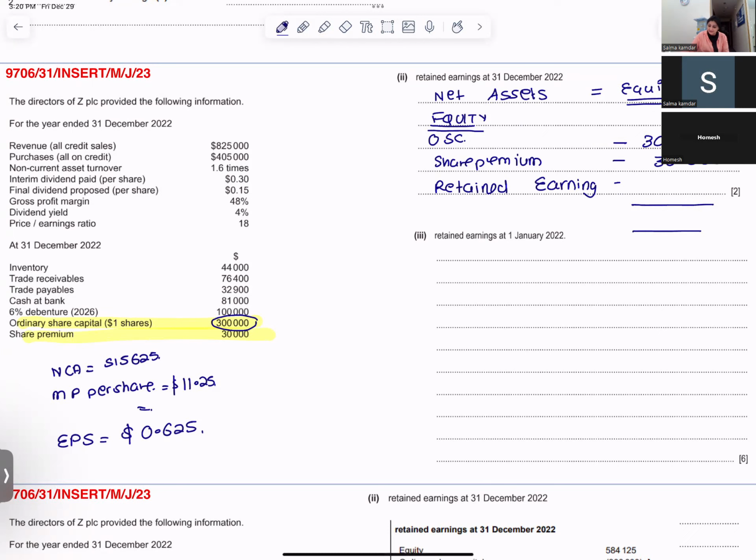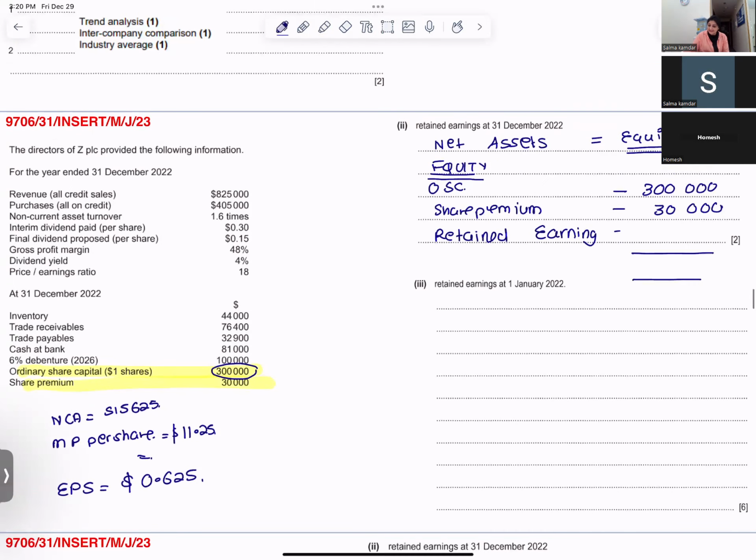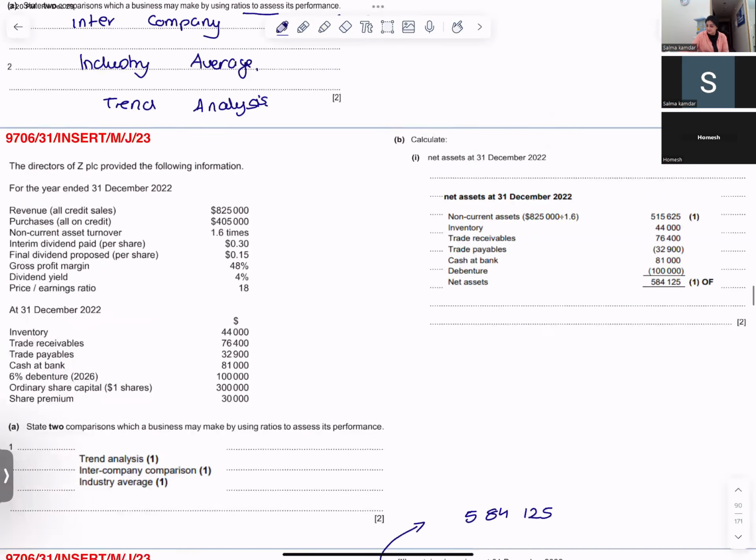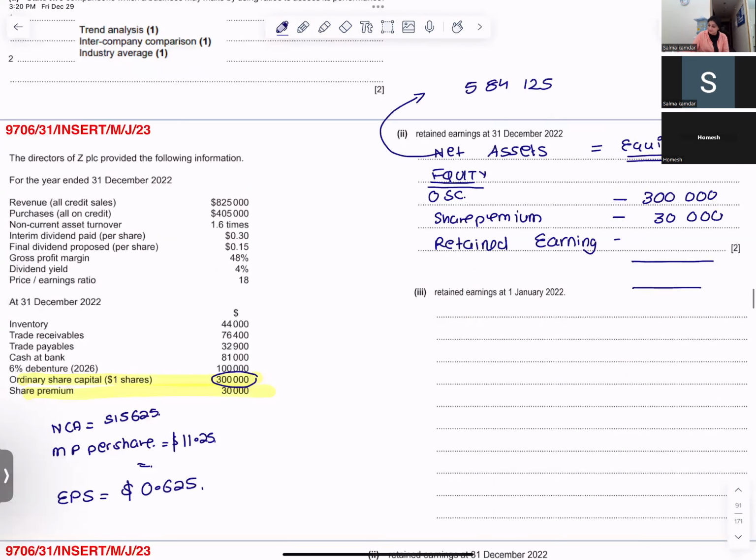I don't know my retained earnings, but I know my net assets. You found it, right? Yeah, we found it out before. What is it? 584,125.